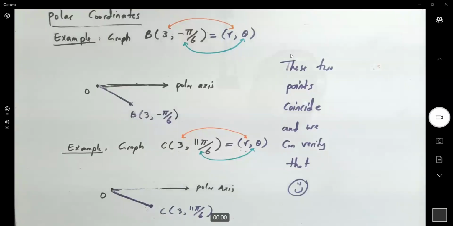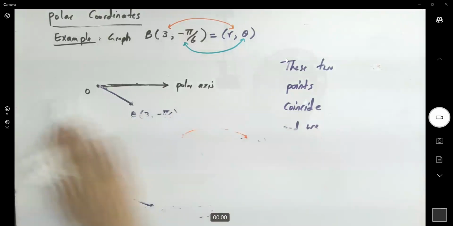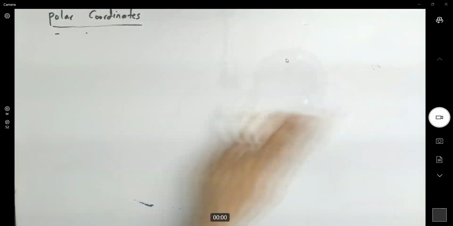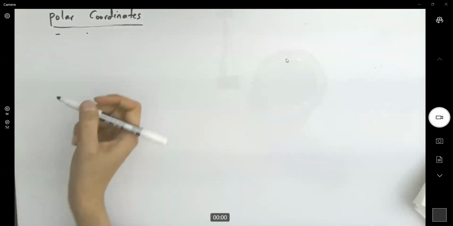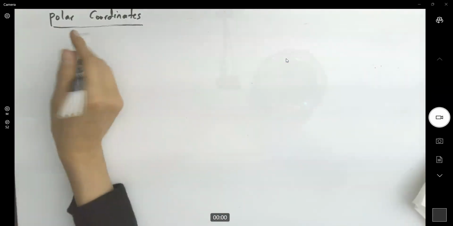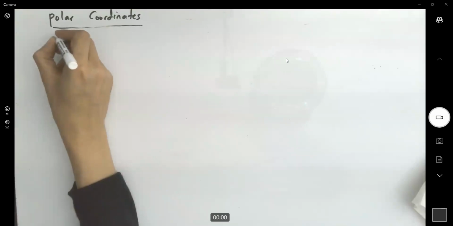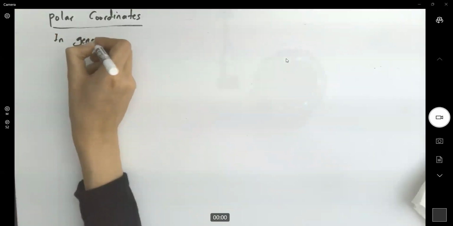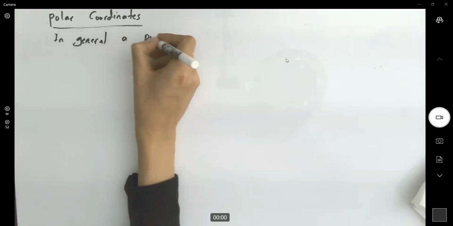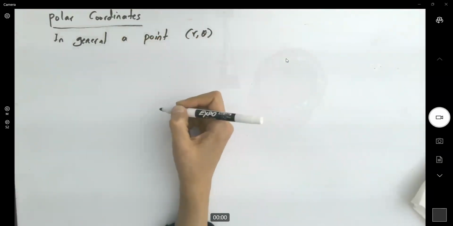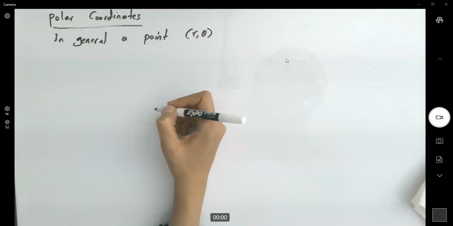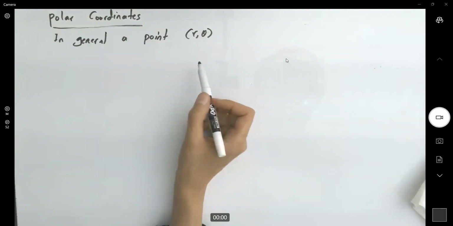So in general, let's erase this and write down the following for you. In general, in polar world, a point like r and theta can be represented as the following.